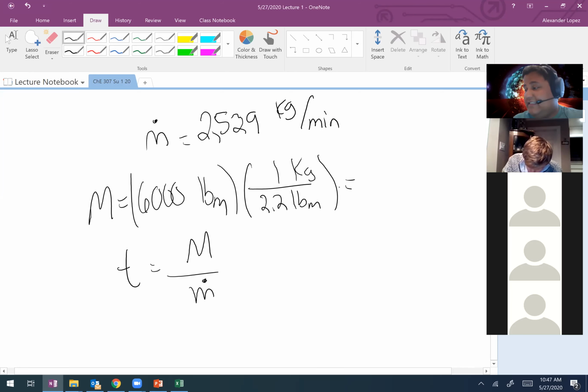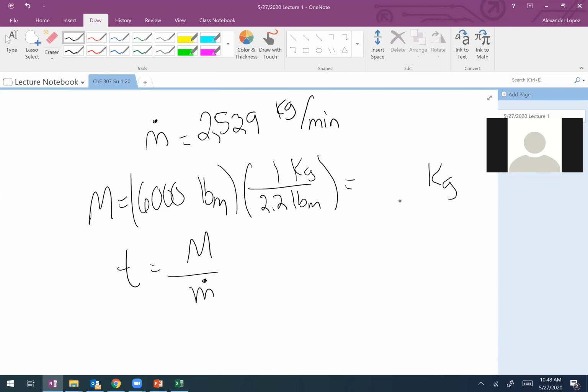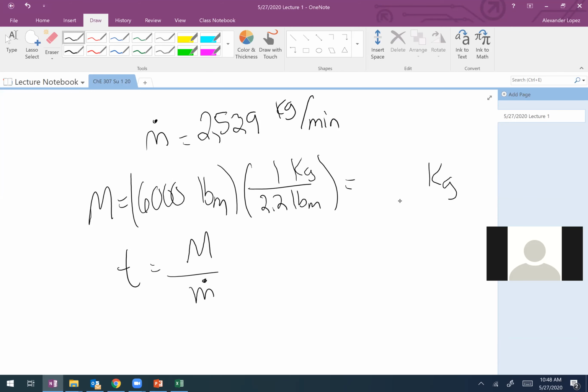So what's the total mass of that tank in kilograms? The total mass is 2,727 kilograms.